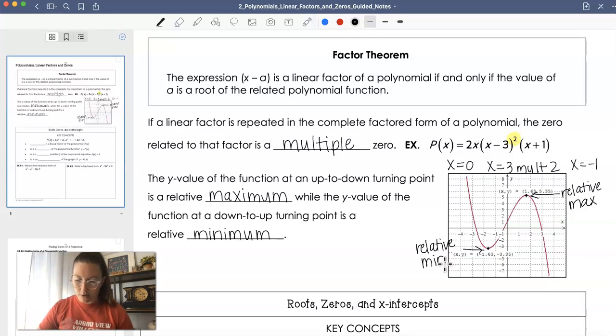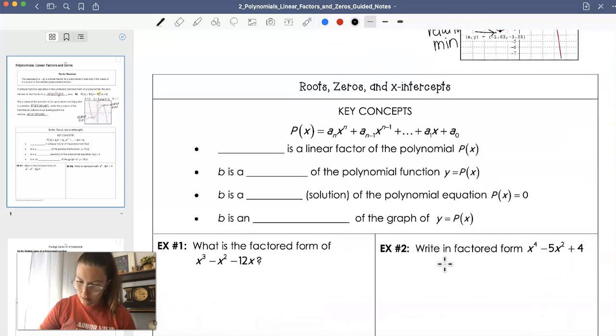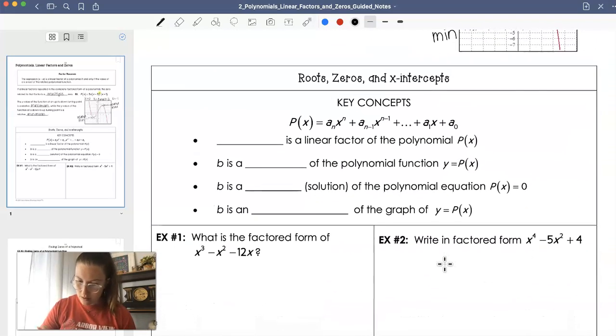All right, so let's go ahead and scroll down. All right, so we're going to talk about different key concepts of these polynomial functions. So this whole crazy expression, p of x equals a_n x to the nth power, then the next one is plus a_(n-1) x to the n minus 1, and so on.